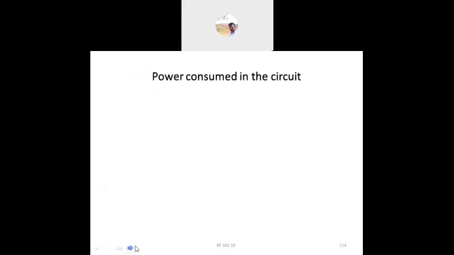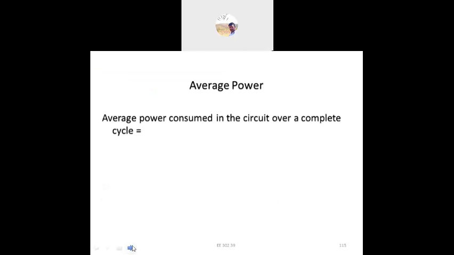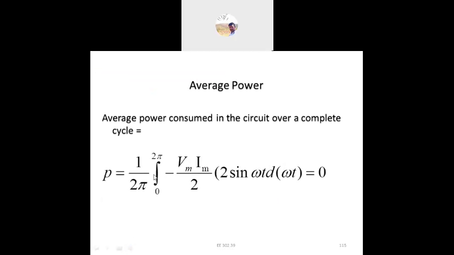For the power consumed, the instantaneous power is Vm Im by 2 sin 2 omega t. The average power over one full cycle, 1 by 2 pi integral from 0 to 2 pi of sin 2 omega t d omega t, is equal to 0.